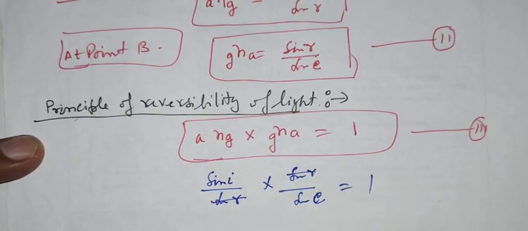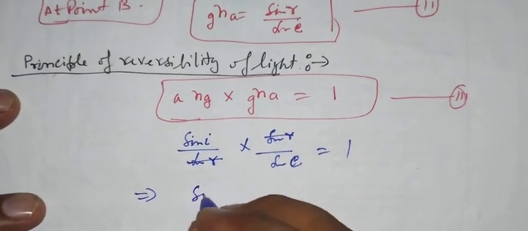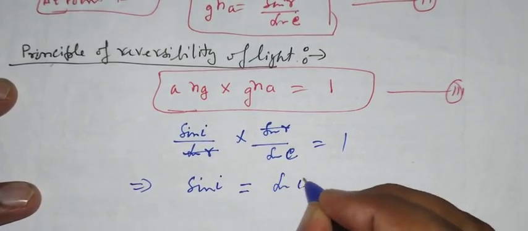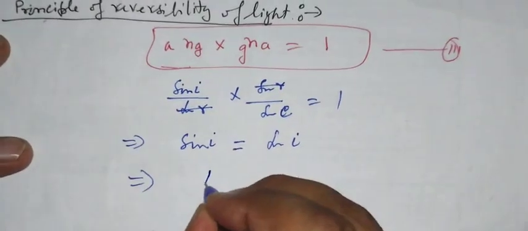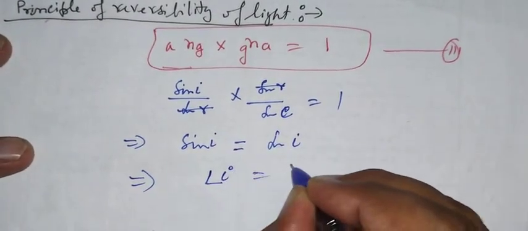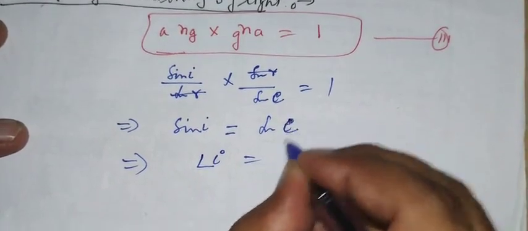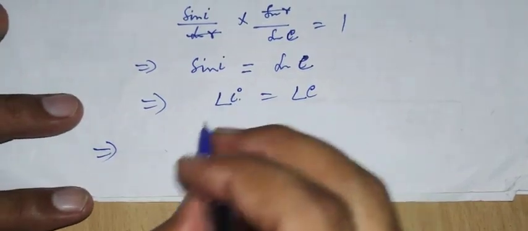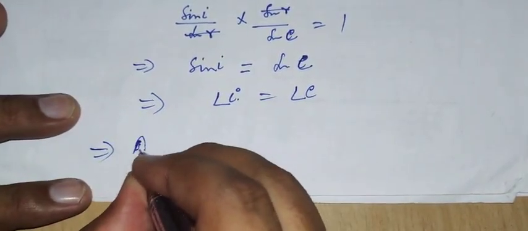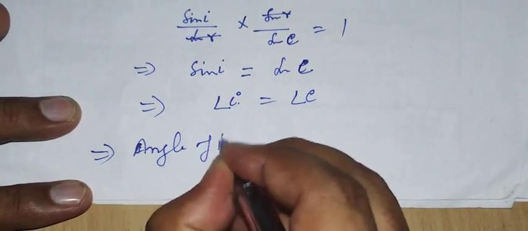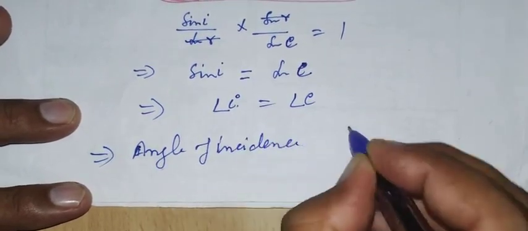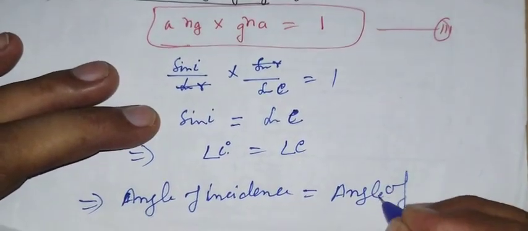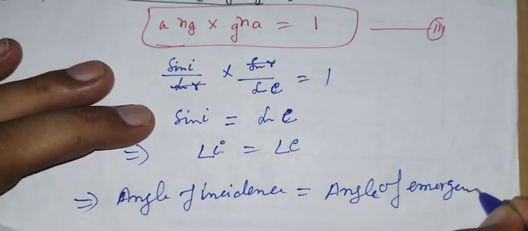Sin R is cancelled by sin R, and this implies that sin I becomes sin E. Again this implies that angle I is equal to angle E. We may write that angle of incidence is equal to angle of emergence.